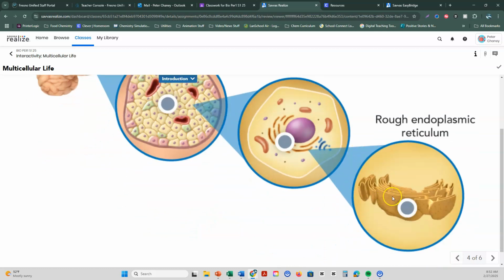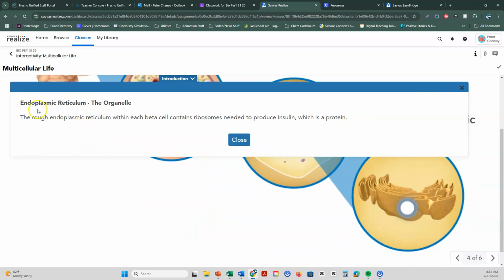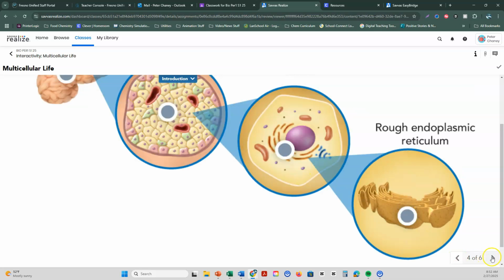And then lastly, click over here, and that's the endoplasmic reticulum, which is an organelle within a cell, so a smaller part of a cell. Rough endoplasmic reticulum within each beta cell contains ribosomes needed to produce insulin, which is a protein.